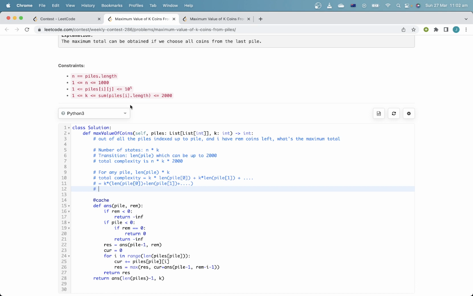But I'm actually guaranteed that the sum of the lengths of piles is at most 2000. So in total, that's just k times 2000. And technically, it's more like k times 2000 plus n, but that's also fine. And yeah, that's basically why this still has good complexity, even though it's less obvious.